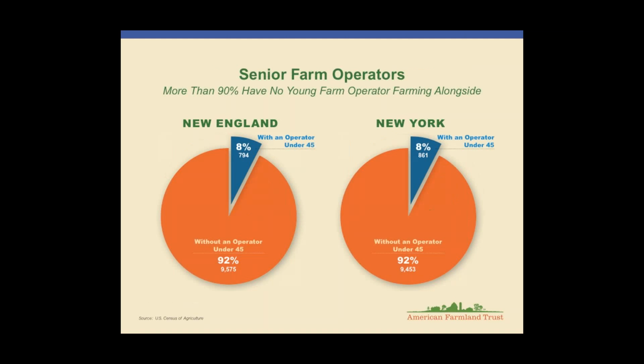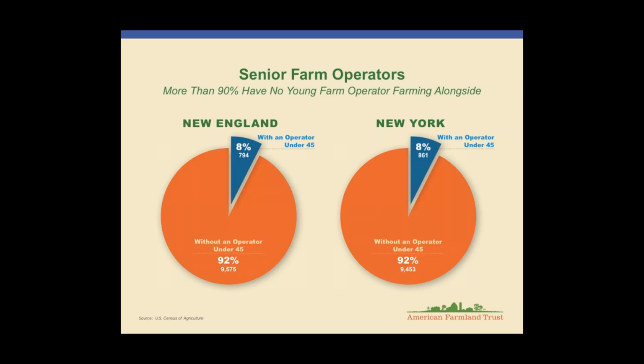So then we went on to ask how many senior farm operators have a young farm operator working with them. And again, we appreciate that this is a blunt instrument, so it's as important what this tells us as what it doesn't tell us.